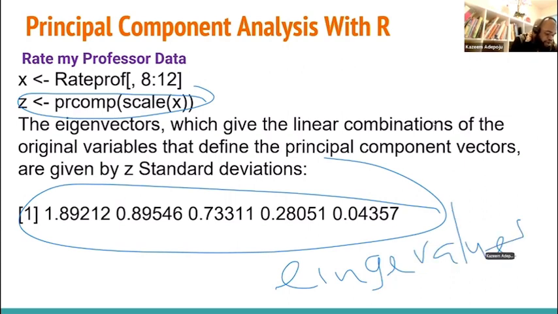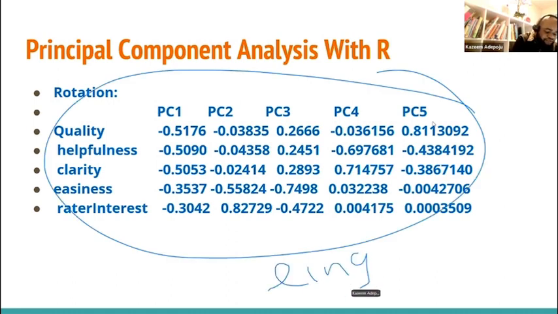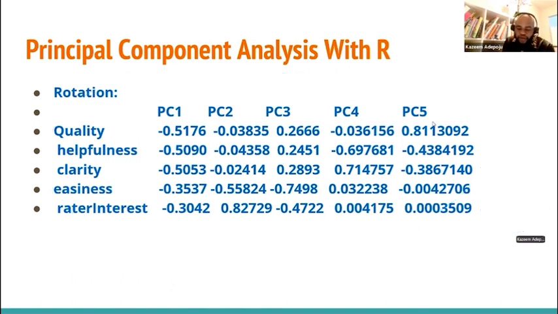Then you're going to have both the eigenvalues and this part here, and the other principal components. These are more or less what we call eigenvectors.